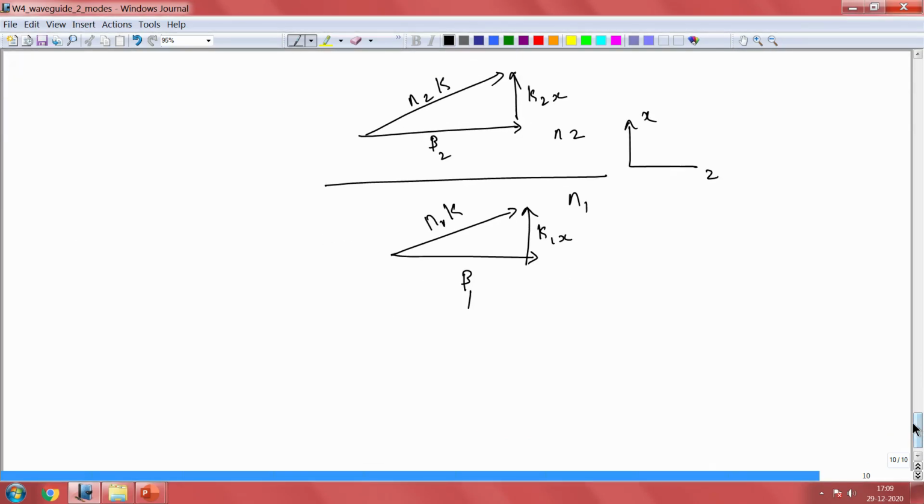So, this is rather straightforward, right. We can easily understand why we have done this. In the absence of one or the other, it's going to remain the same, right. Now the phase change, right, when it propagates through n1 or n2 is going to be different, right.